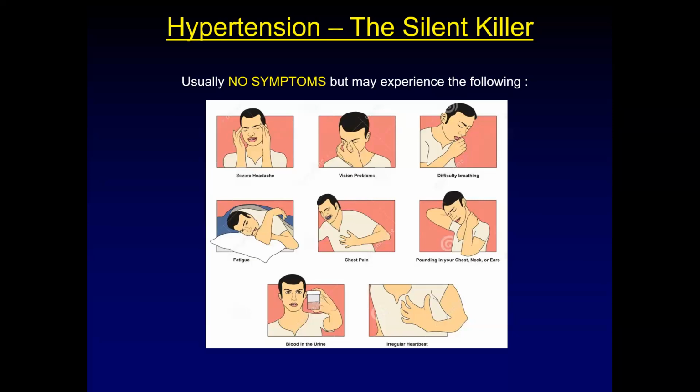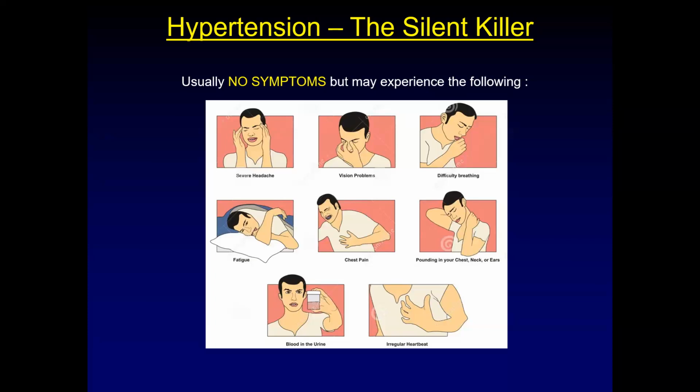If you have unexplained headaches, vision problems, potentially difficulty breathing, which can be due to fluid in and around the lungs, fatigue, chest pain, pounding in your neck, chest, or ears, or blood in your urine, all of these can potentially be caused by hypertension.